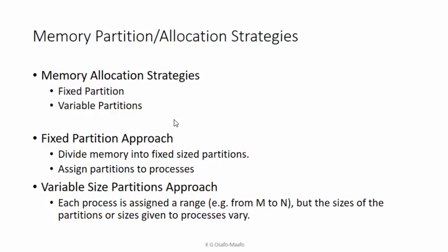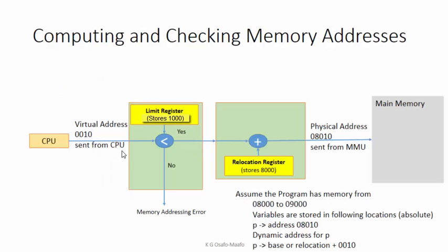Now, when a computer is dealing with memory, we've talked about this idea that memory can be absolute or it can be dynamic or relocatable. And there's the idea of base registers and limit registers, and we can relocate the virtual addresses as we see them.